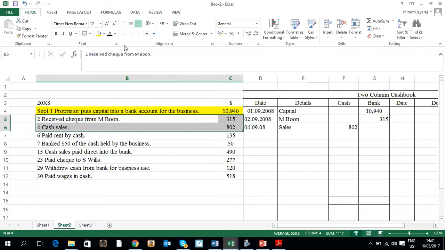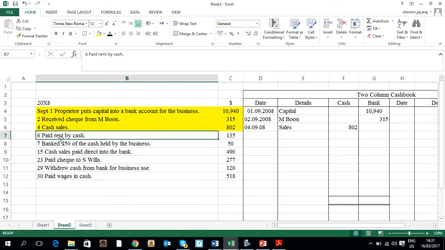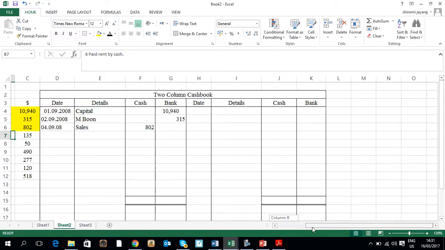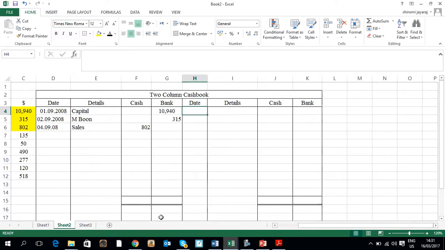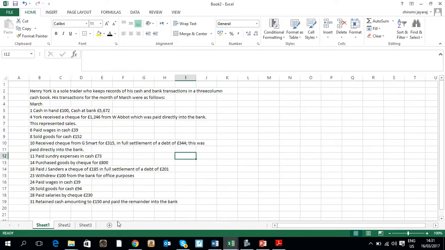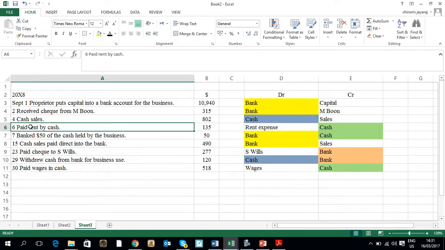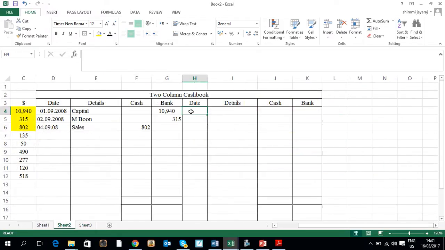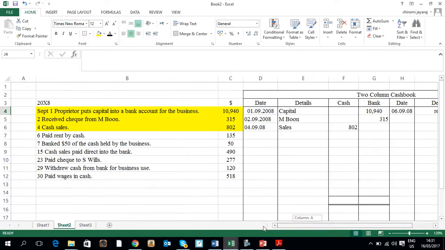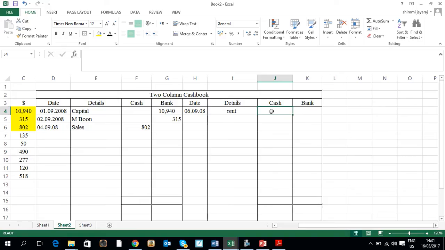Now we are done with these two transactions. Paid rent by cash. So this should go to the credit side, and the date is on 6/9/08 as rent. The value of rent paid by cash is 135, therefore cash column 135.